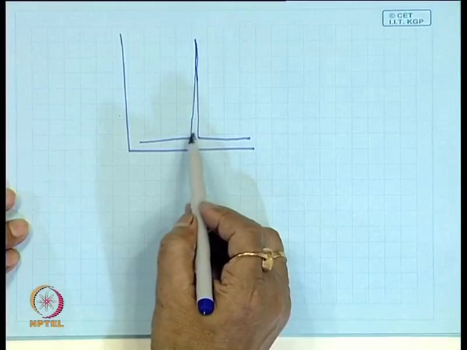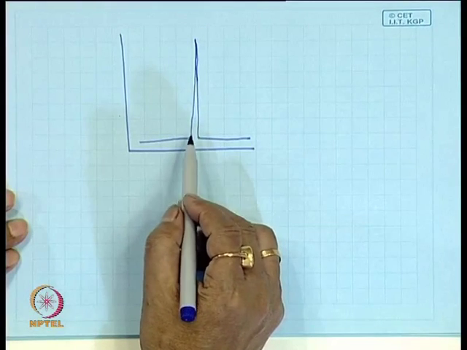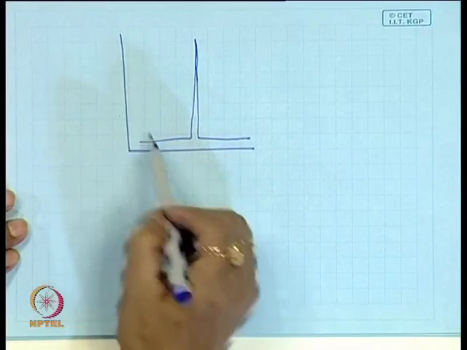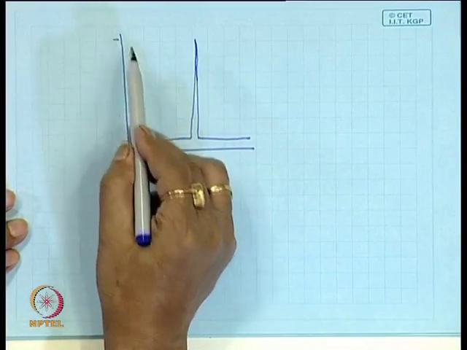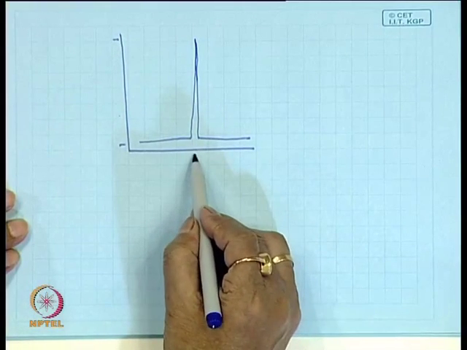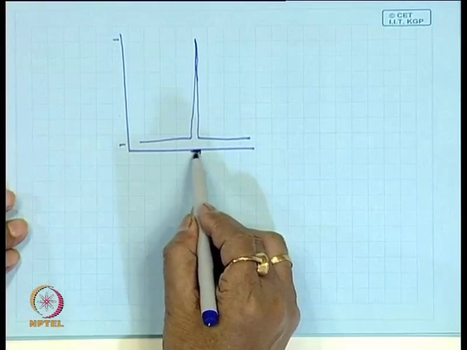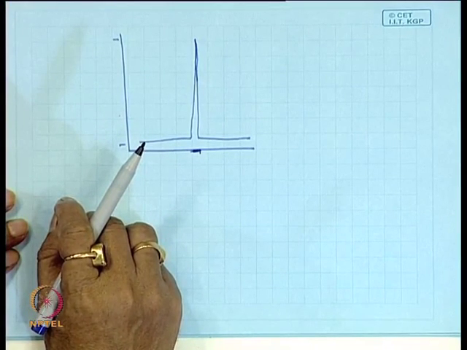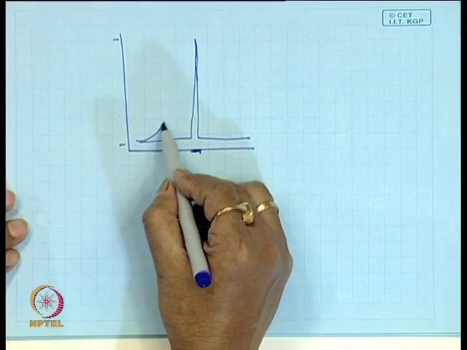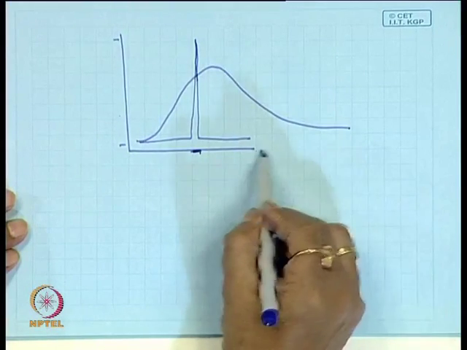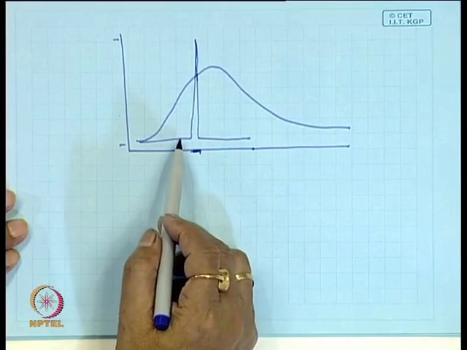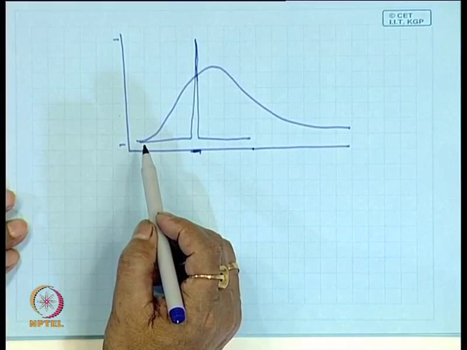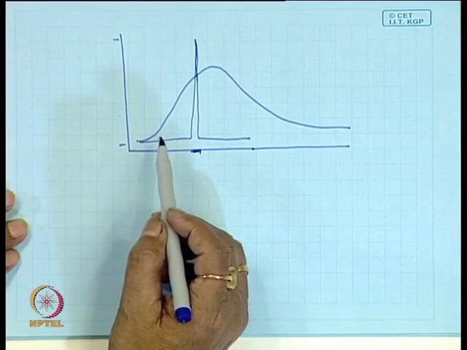You can say this distribution is monodispersed distribution, meaning it contains only molecules of this size. The distribution is very narrow. This is known as a monodispersed specimen. Whereas, if it gives you a distribution like this, this distribution is broad. This distribution can be anything depending on the method of manufacture, etc.